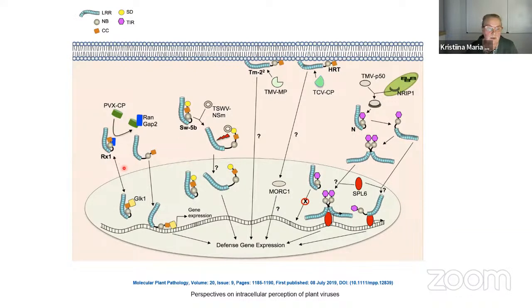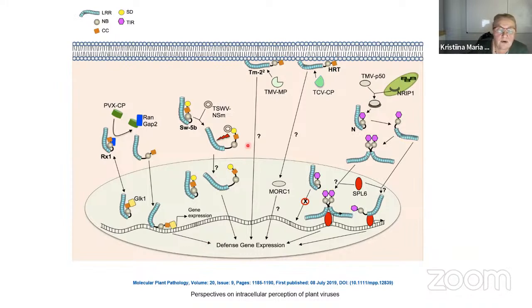Here, this RX1, which is in the inactive form in the cytoplasm, after recognition of the capsid protein of potato virus X, is activated and taken to the nucleus, where it starts the defense gene expression, which then leads to defense reactions and the hypersensitive response.